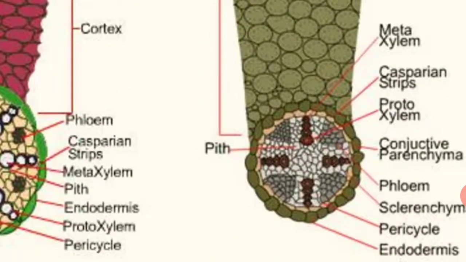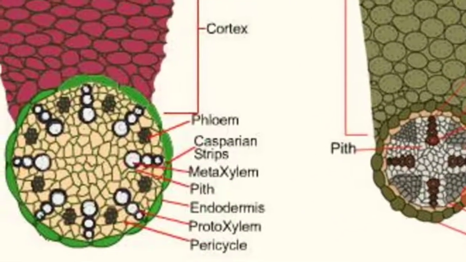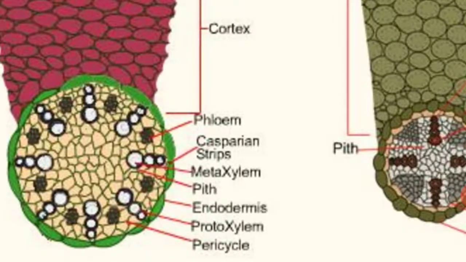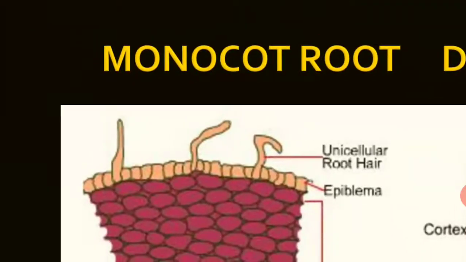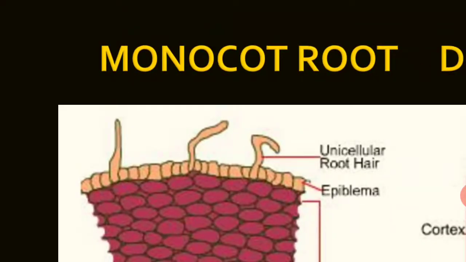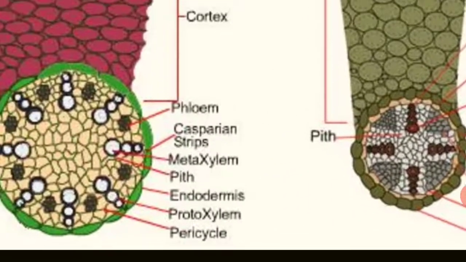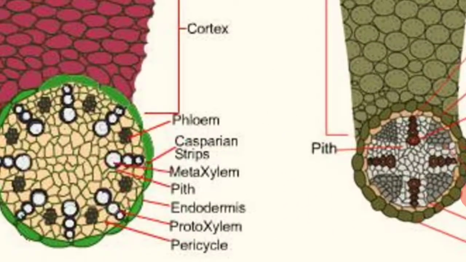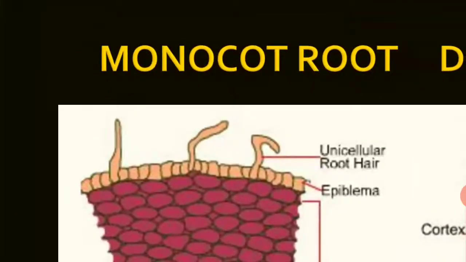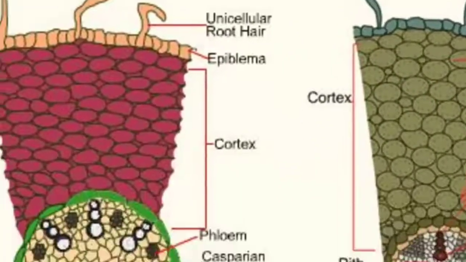But if you differentiate on the basis of the vascular bundles, the number of vascular bundles is very high in the monocot root in comparison to the dicot root. So on this basis you can easily differentiate which picture is of the dicot root and which is of the monocot root.